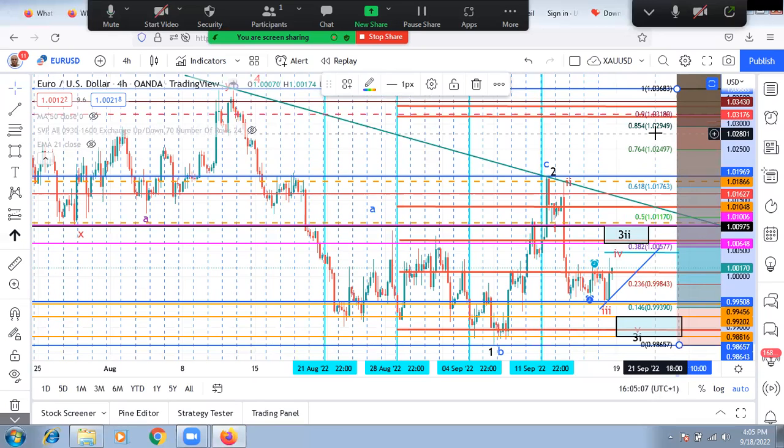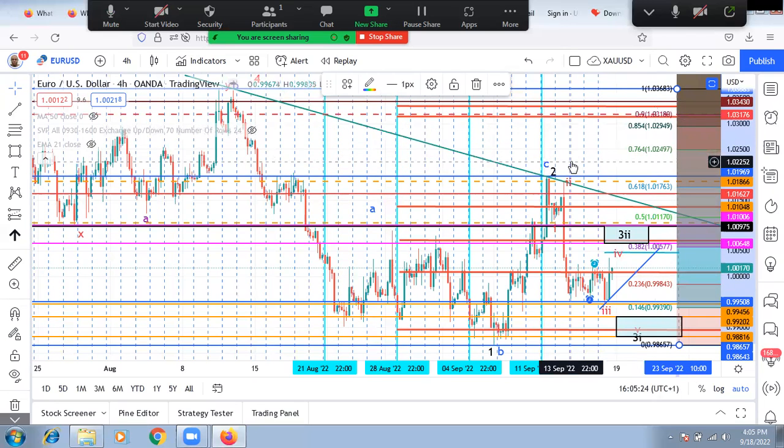But you'll be expecting that if you don't know what the structure is telling you. So the probability of price still coming up here is very, very remote.